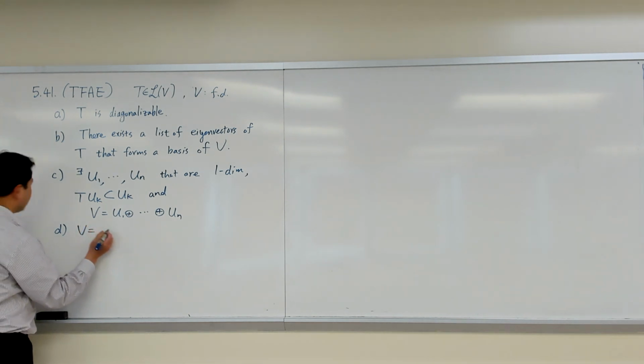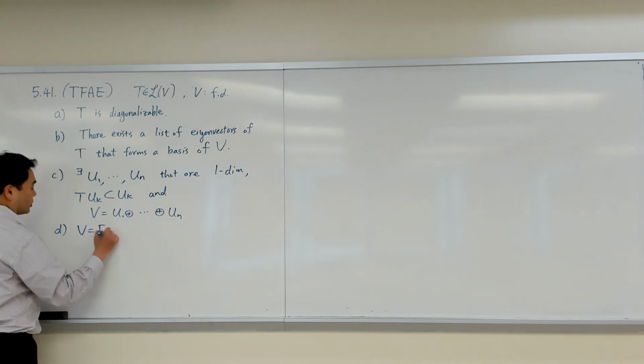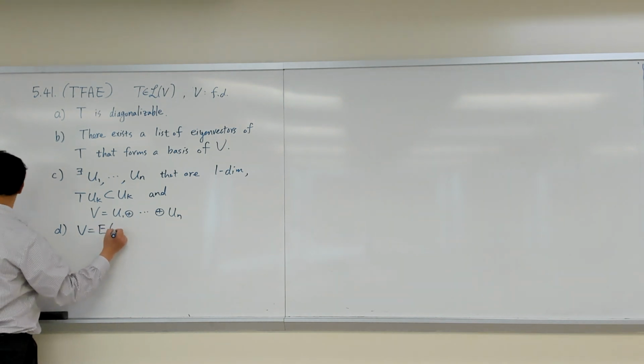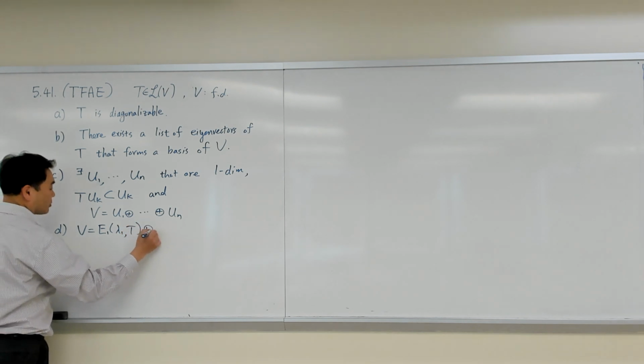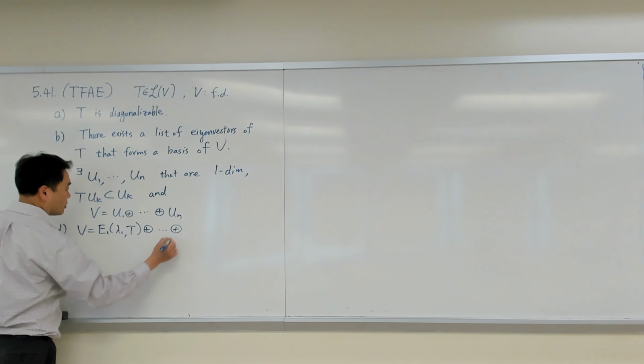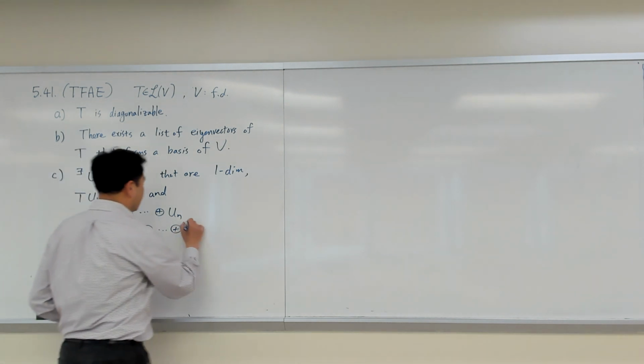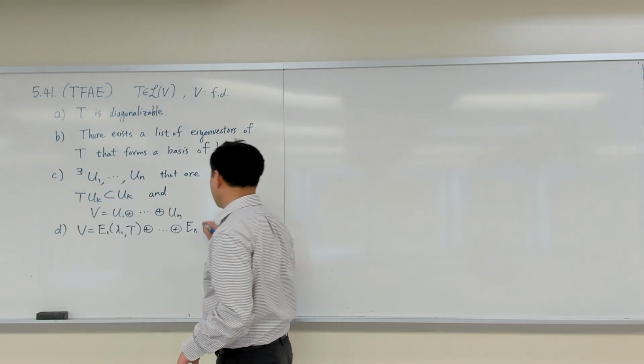V is equal to E of lambda 1, T plus through E of lambda n.